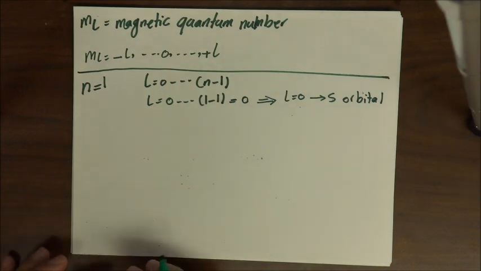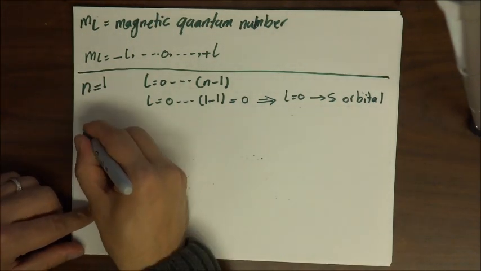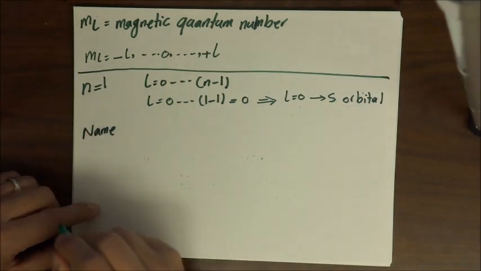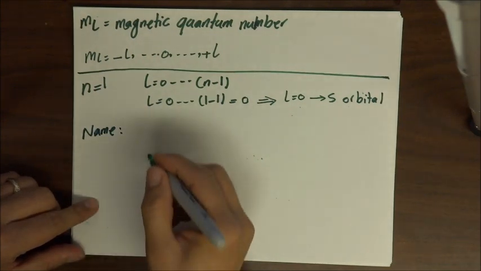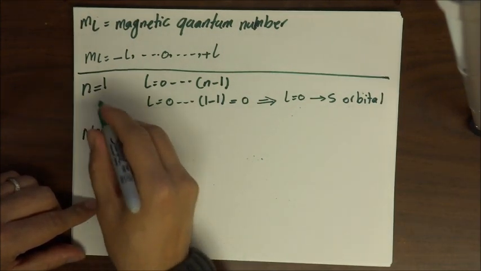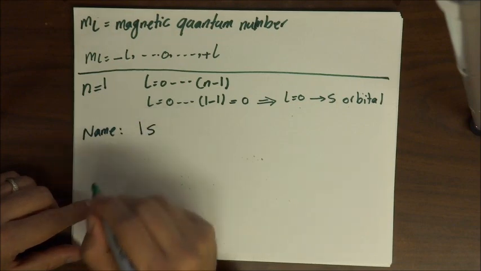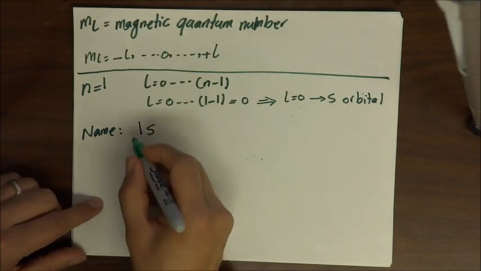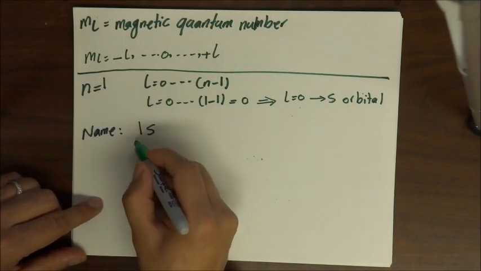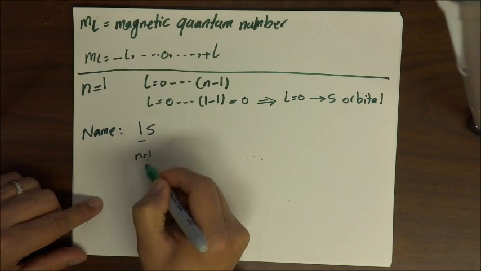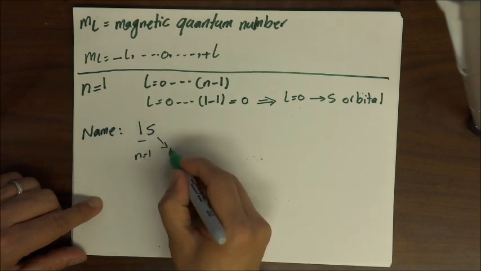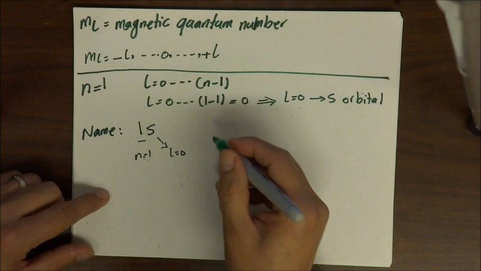So we have only an s orbital. Name that orbital. It's gonna be 1s. 1 is for n equal 1, and s for L equal 0.